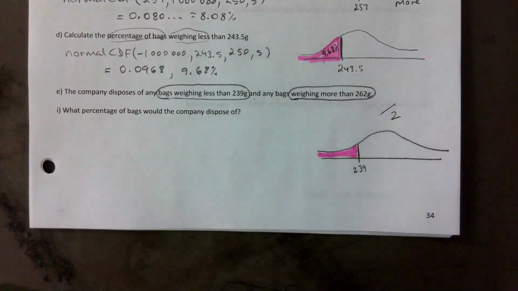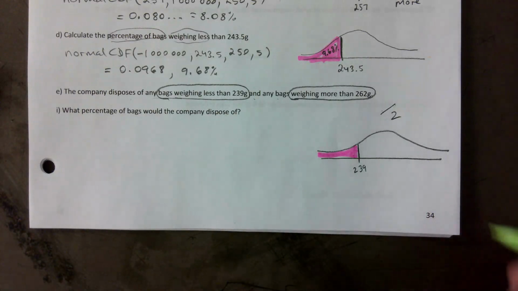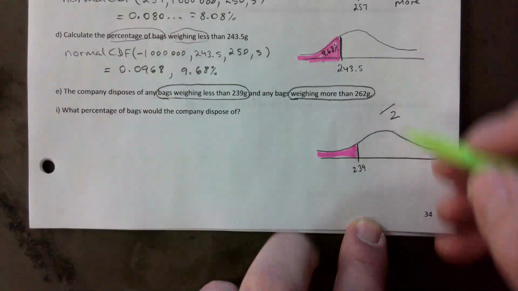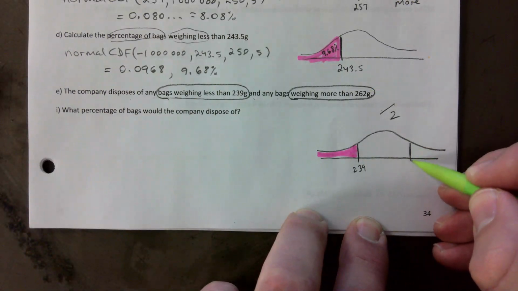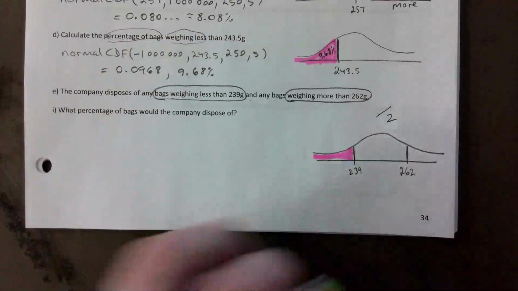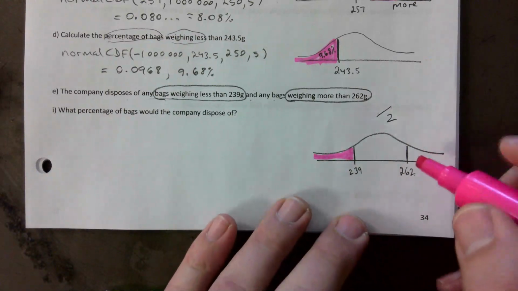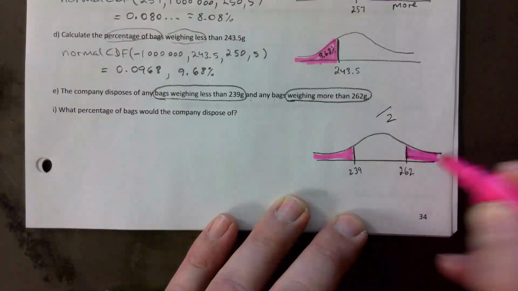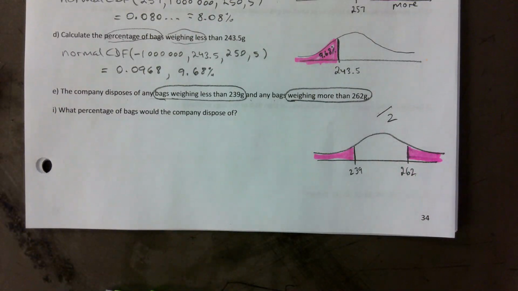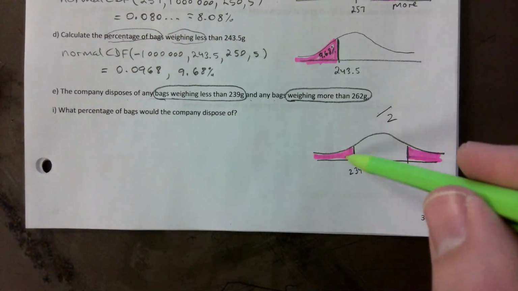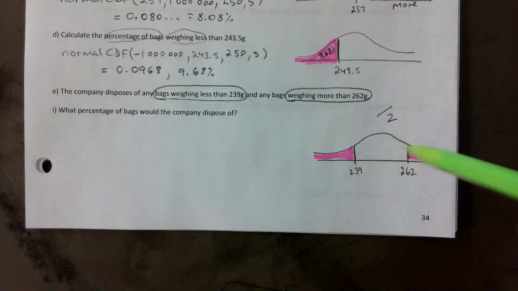They're probably gonna just open the bags and put them back in the mix and repackage them so that they weigh the proper amount. And then more than 262, so let's imagine 262 is here. Okay, so any bags weighing more than that are also gonna be discarded of. So we want to find the combination of both of these combined.